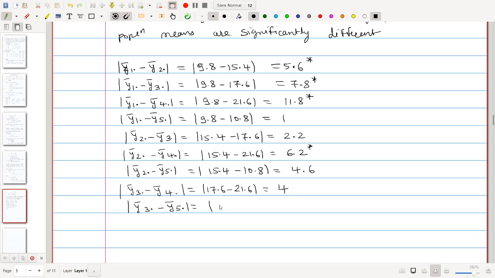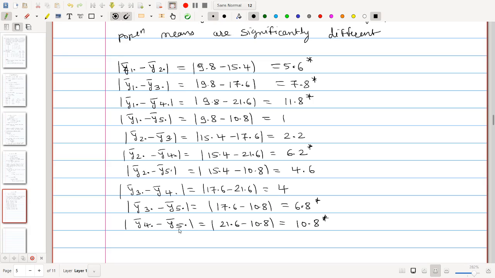So this is equal to 17.6 minus 10.8. So this one is 6.8. Now this 6.8 is greater than that T alpha, so I have given a star. And the last pair is y bar 4 dot minus y bar 5 dot. So this will be 21.6 minus 10.8. So this will be 10.8. This is also greater than T alpha.